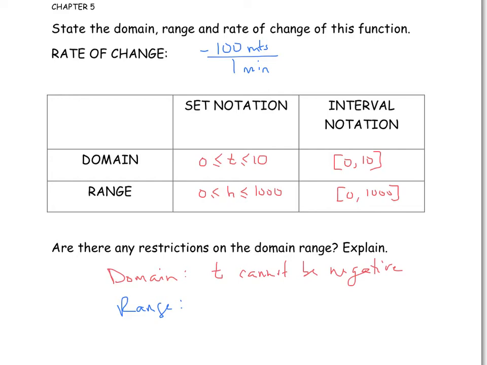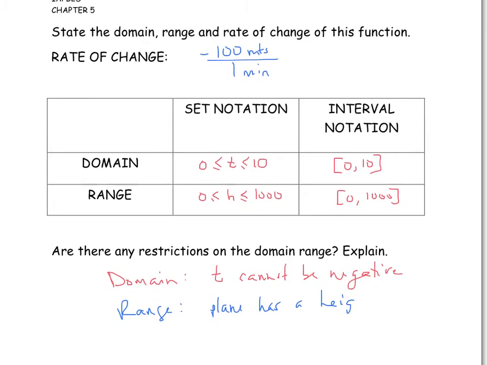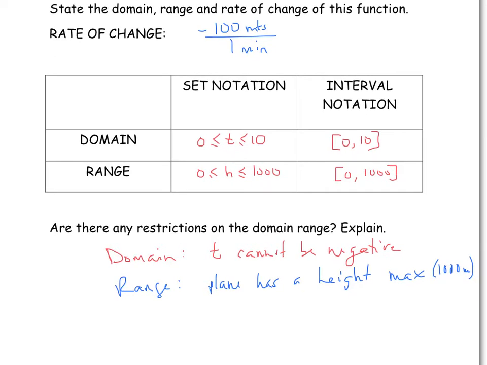The plane has a height maximum, which would be 1,000 meters in this case, and it has a minimum of 0 meters, because when it lands, it can't go into the ground, so the height would be 0 meters.